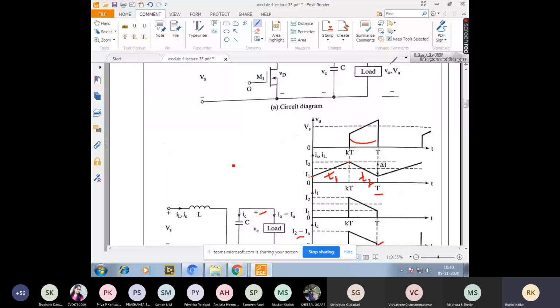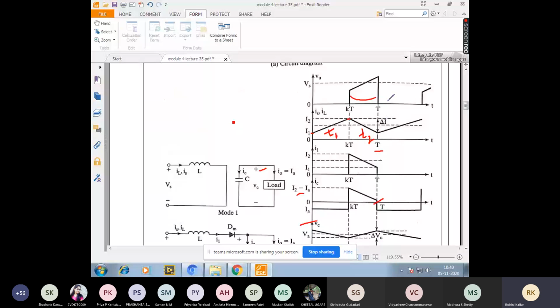Then we saw what is happening in the output waveform. The inductor current rises from t equal to 0 to kT, with the upper limit being capital I2 and the lower limit being capital I1.